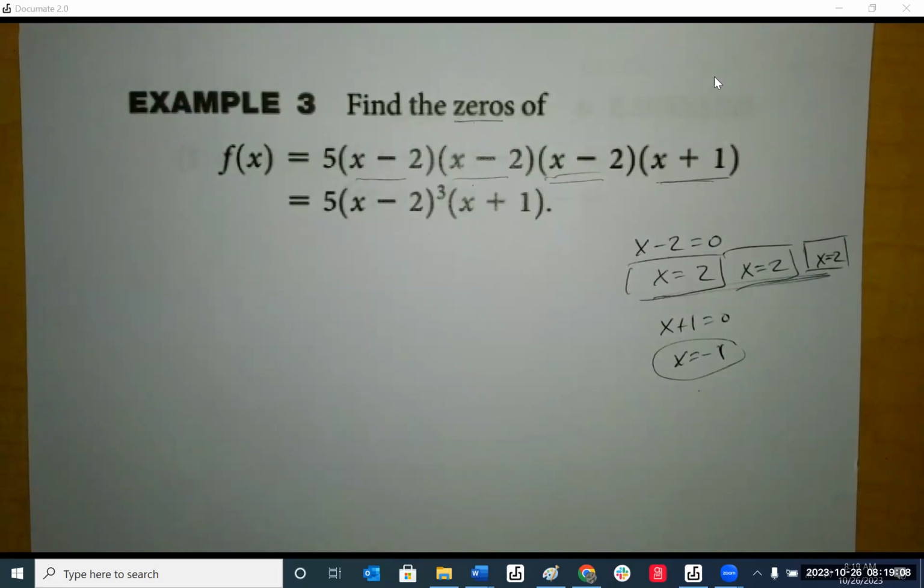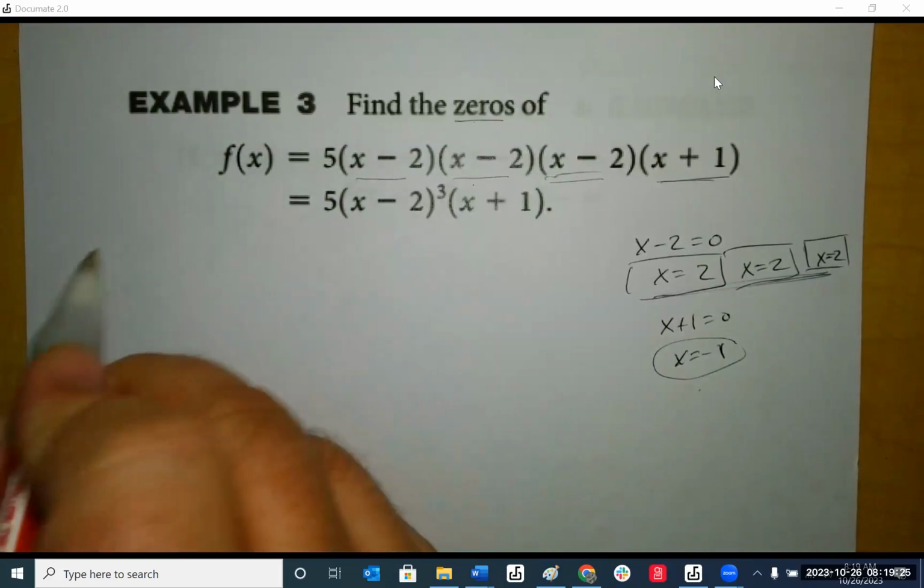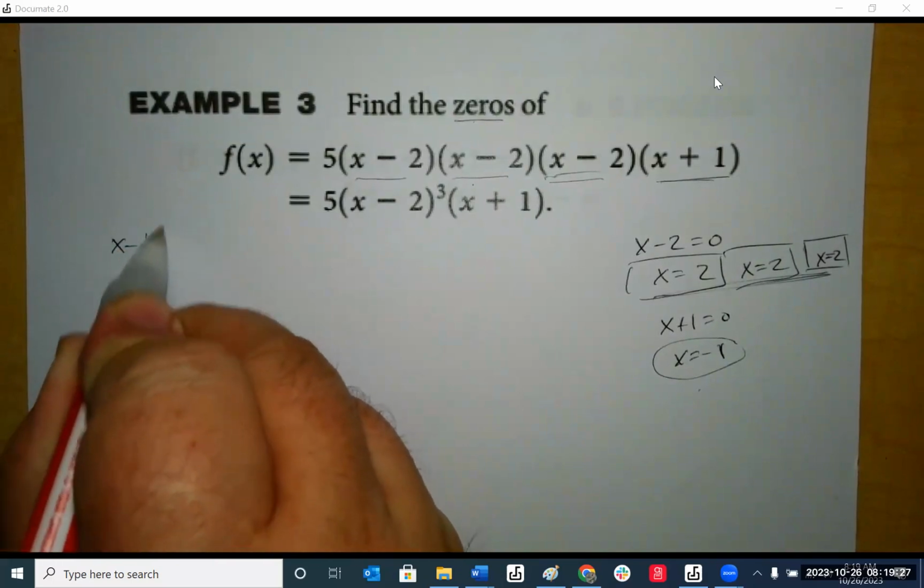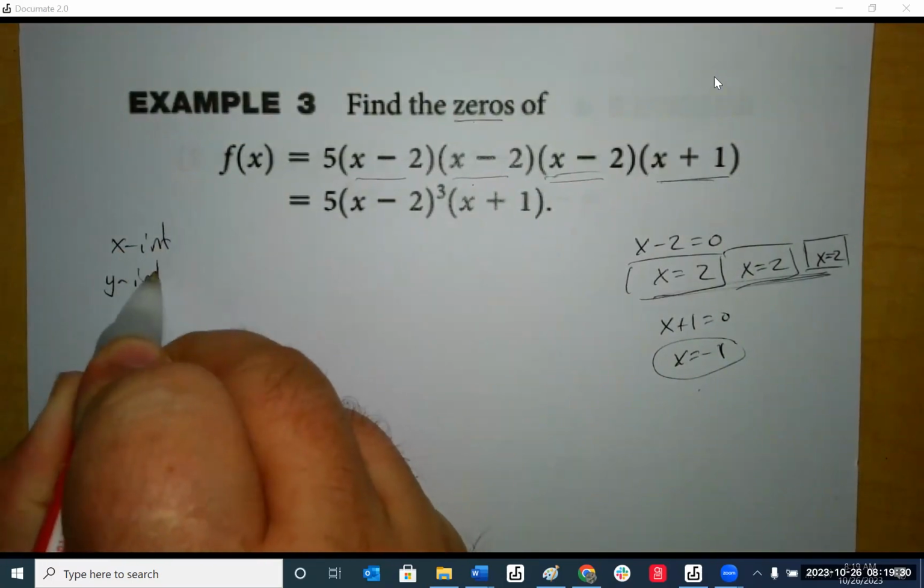By this stage, you guys all should be able to answer these questions for me. What do you need to graph an equation? You need the x-intercept. What else? The y-intercept. We need the x-intercept, we need the y-intercept. What else?